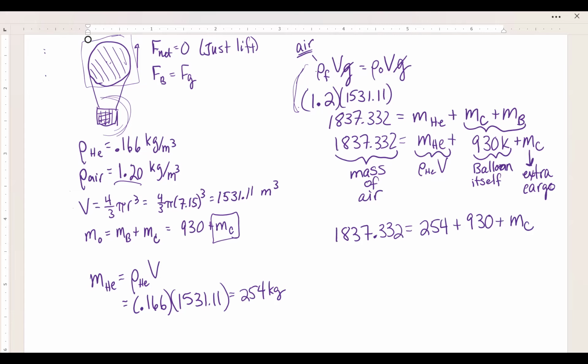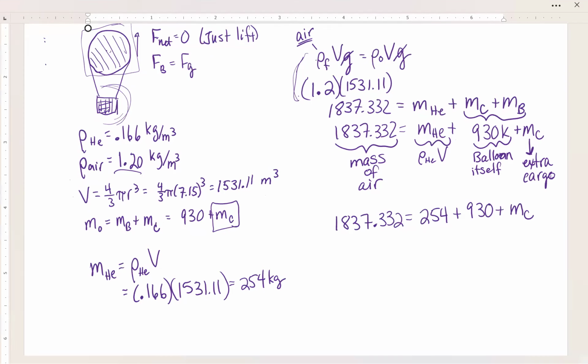So I'm going to take my 1837, subtract off my 254, subtract off my 930, and I get a mass of the cargo of 653 kilograms. There you go. That's how much mass it can lift.